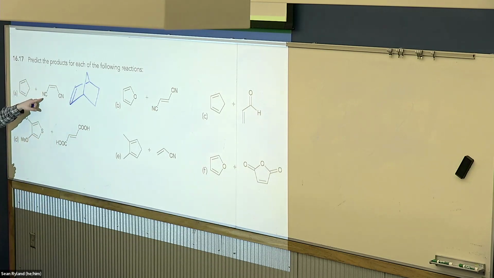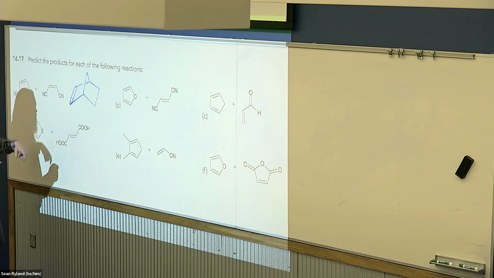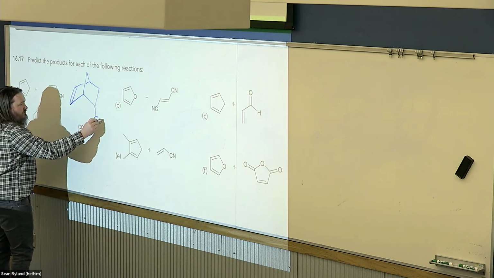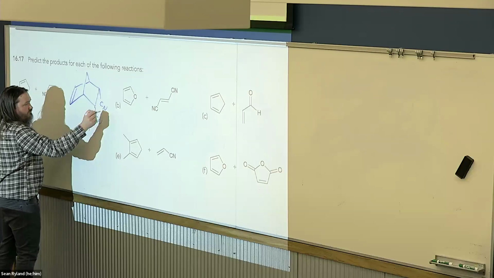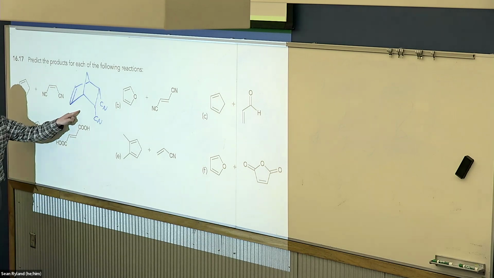We have two cyano groups that are both going to be in the endo configuration, which means pointed towards the remaining pi bonds, towards the larger part of the molecule, which means down. No plus enantiomer there because it's a meso compound we just made. We will get some amount of the exo product with this, with the cyano groups pointing upward, but the major product is going to be this.